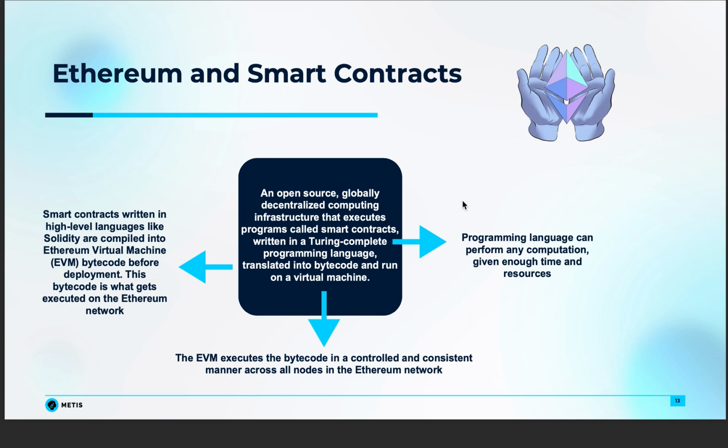What it's saying is that Ethereum is a decentralized platform built on blockchain technology, and it allows developers to build and deploy decentralized applications, and it also allows for the creation of smart contracts. Smart contracts are written in high level languages like Solidity, which is then translated into bytecode and executed on the Ethereum network.